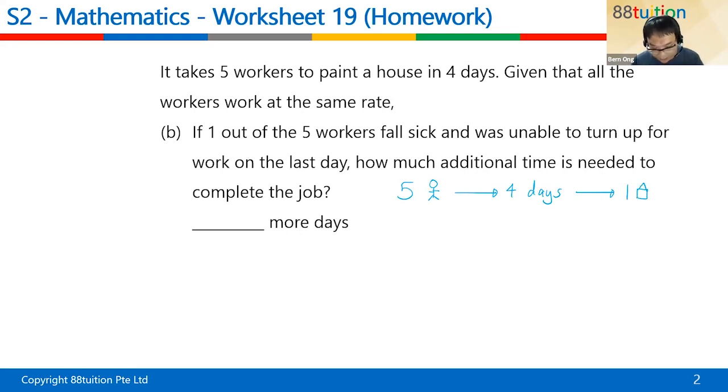If 1 out of 5 workers falls sick and was unable to turn up for work on the last day, that means these 5 workers have been working for 3 days already, correct or not? And on the last day, one of them didn't come to work, correct or not? All right, so that's the story.